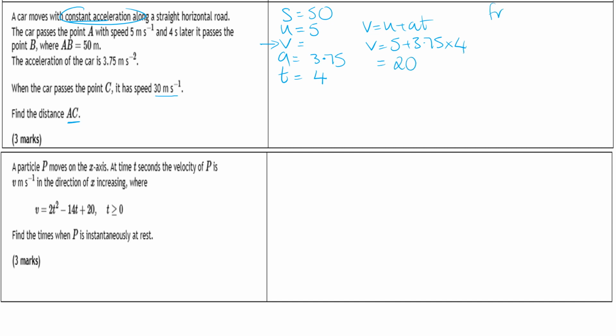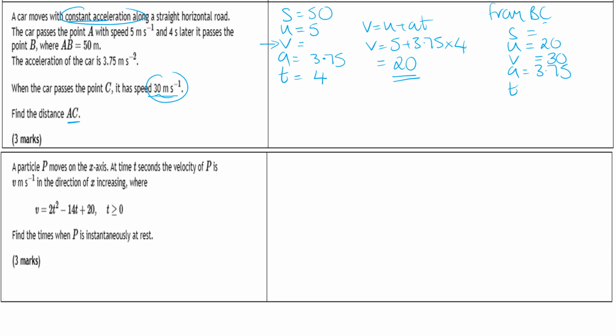And then from B to C, if we do another set of Suvats, our constant acceleration is going to be 3.75. Our initial velocity is going to be the same as the final one there, so that's 20. We're being asked to find the distance A to C. When we go through C, the speed is 30, so that will be our final velocity.